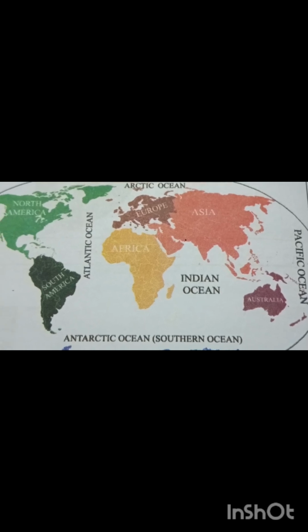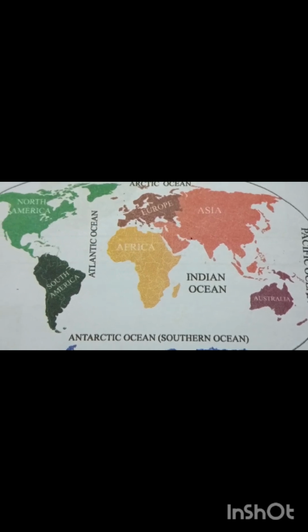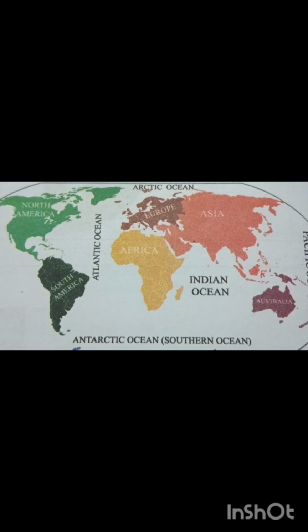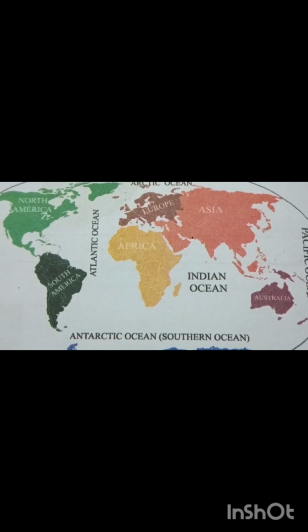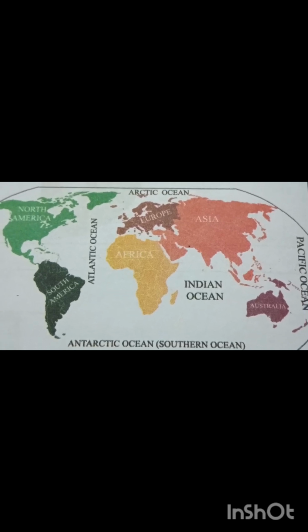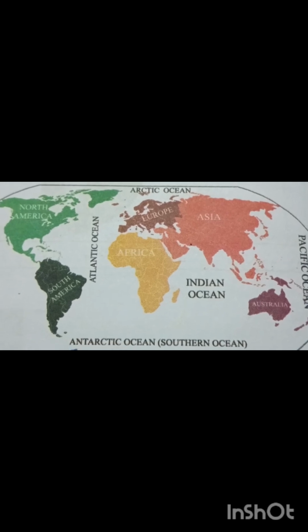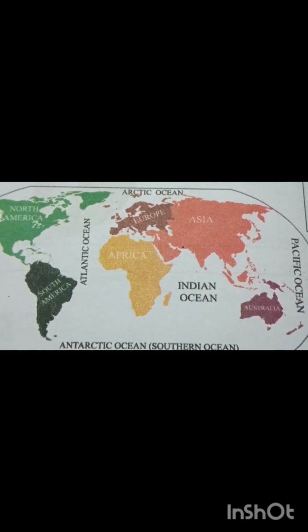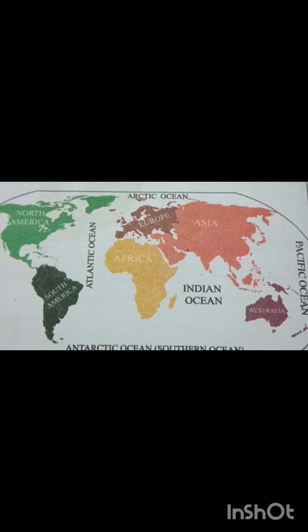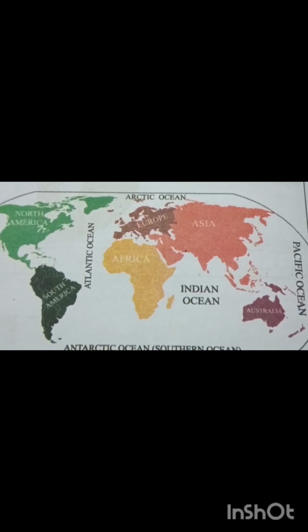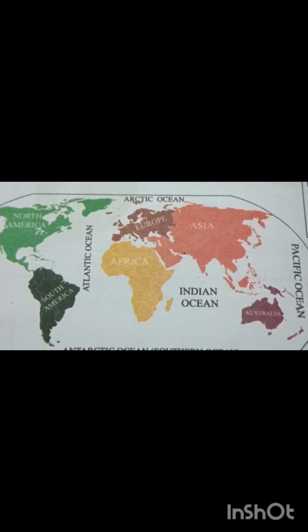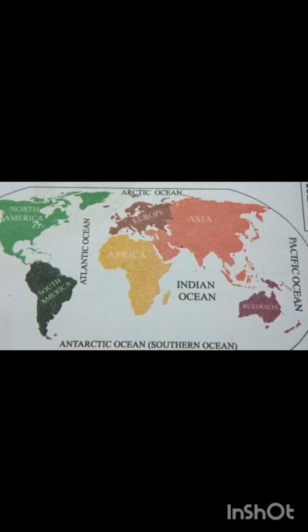What we are seeing between Africa and Europe and North America and South America, that ocean we call Atlantic Ocean. What we are seeing on the top of the continents, that we call Arctic Ocean.